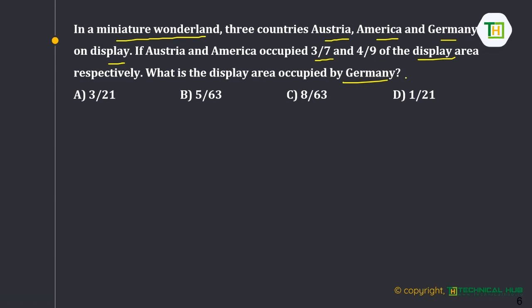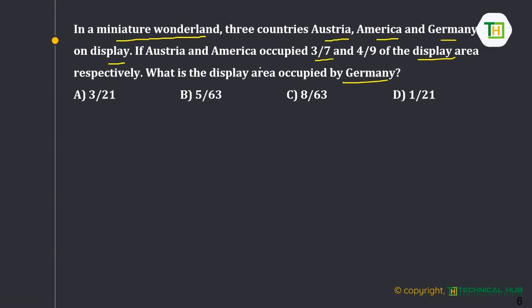It is a very simple question. If you see that question, many students feel it is difficult, but it is very simple. In a miniature wonderland, 3 countries are there: Australia, America and Germany.